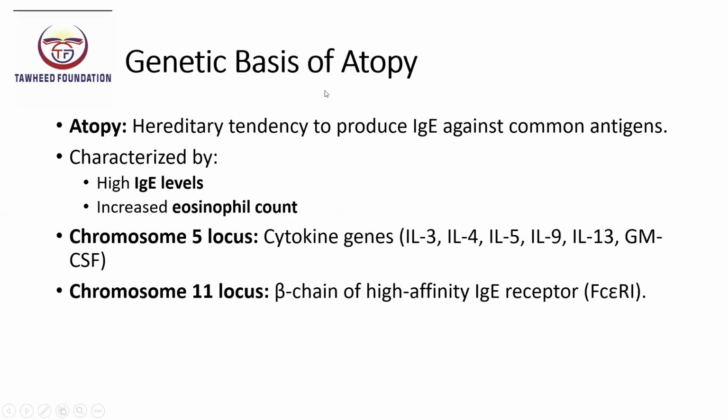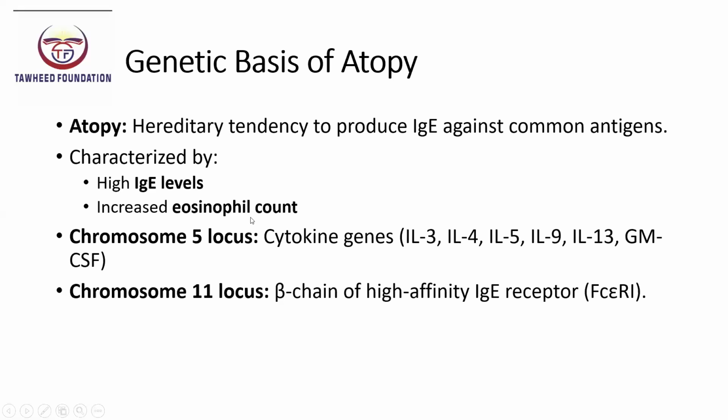Next is genetic basis of atopy. Atopy refers to a hereditary tendency to produce IgE antibodies against common environmental antigens. Individuals with atopy often have high IgE levels and eosinophil count.